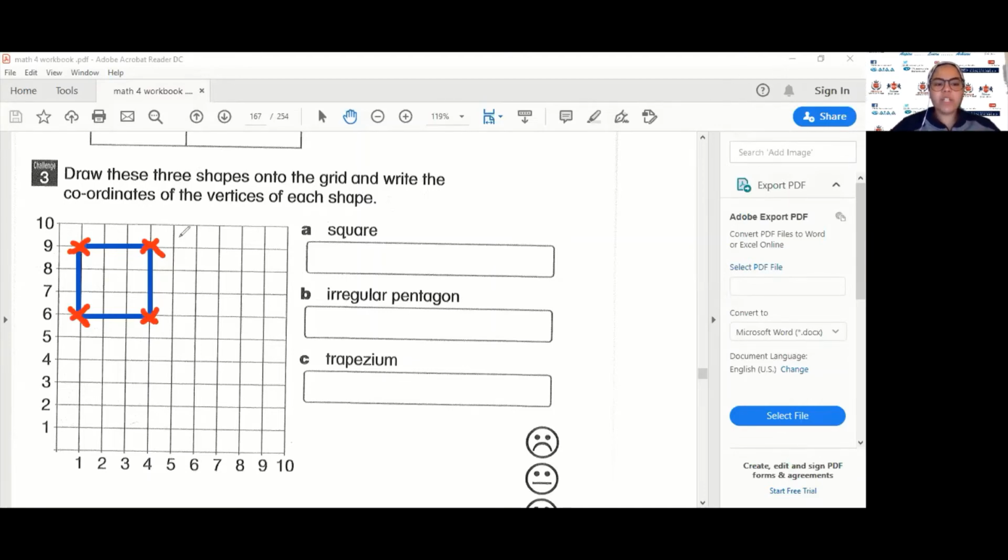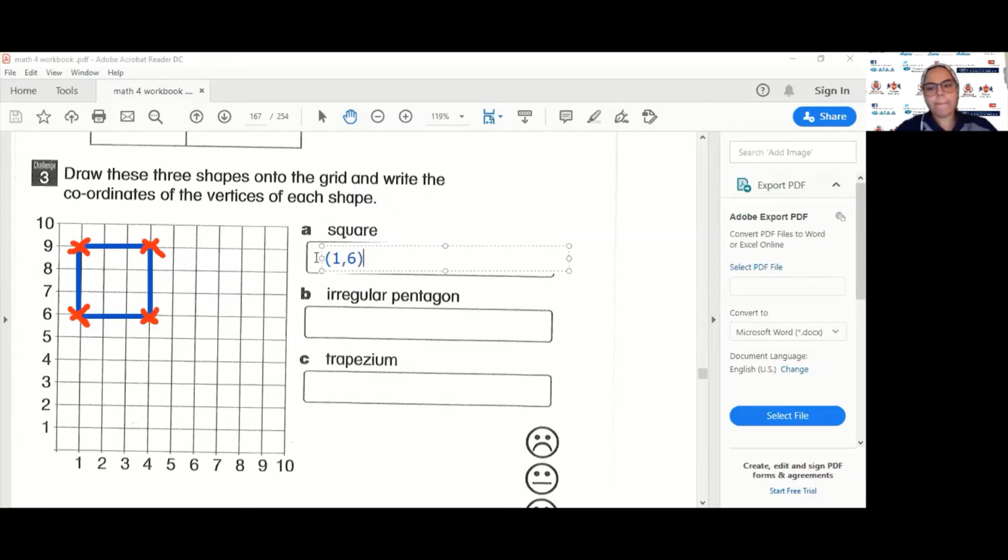You are going to draw a square, okay? How many vertices do we have here? 4. Can you tell me the coordinates of the 4 vertices? Coordinates. 1 and 6, okay?